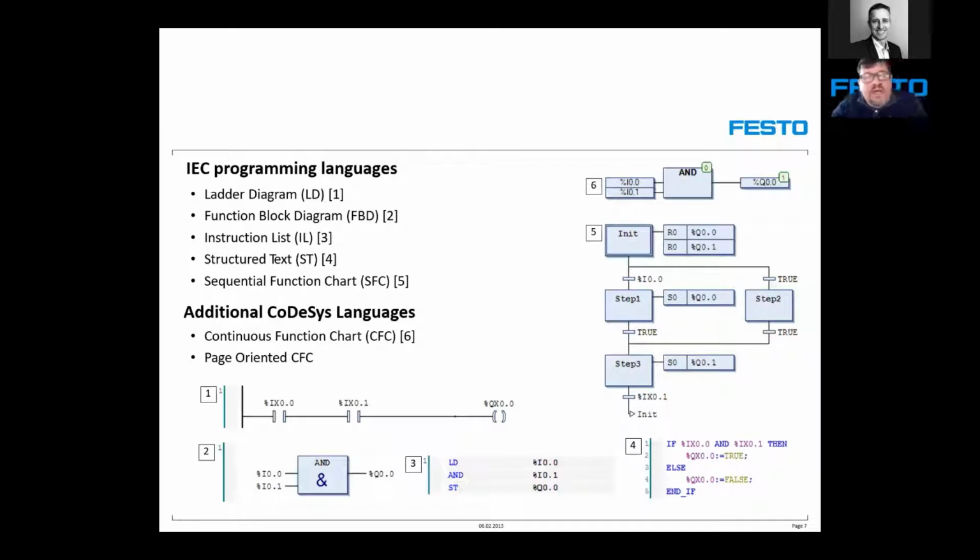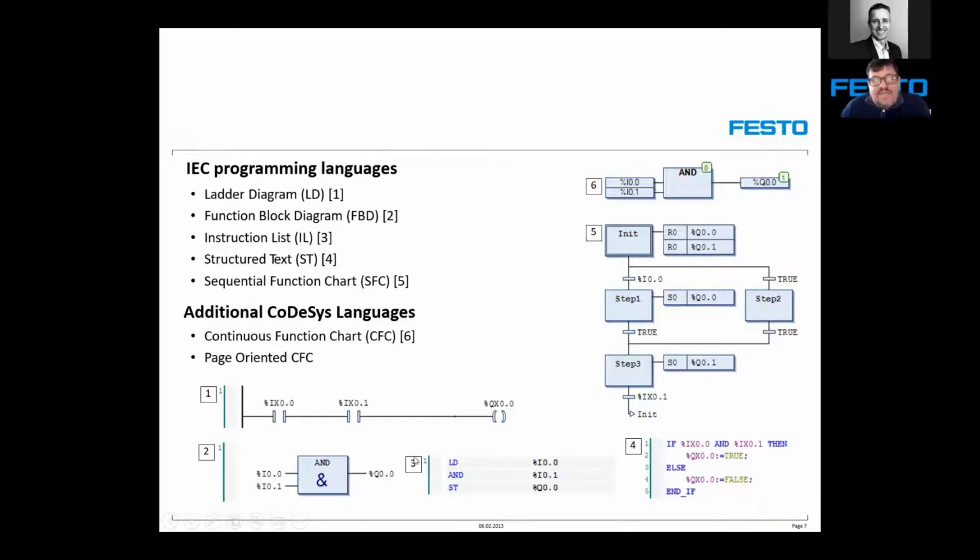Here are all the IEC programming languages that exist within CODESYS. Starting off with number 1, it's ladder, that everybody knows. It's similar to a ladder electrical drawing or electrical circuit. Number 2 is what we refer to as function block diagram.